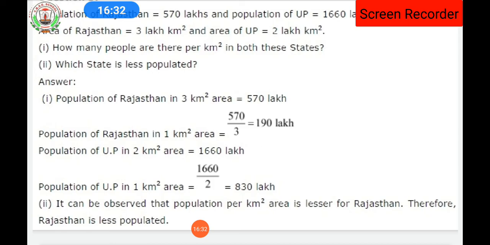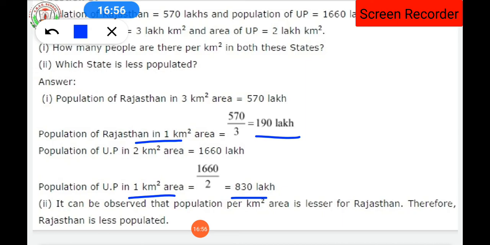So in order to find the UP population in 1 kilometer square, so how much it becomes? 1660 will be divided by 2. So what is the population of UP in 1 kilometer square is 830 lakh, and what is the population of Rajasthan in 1 kilometer square area is 250 lakh, isn't it?